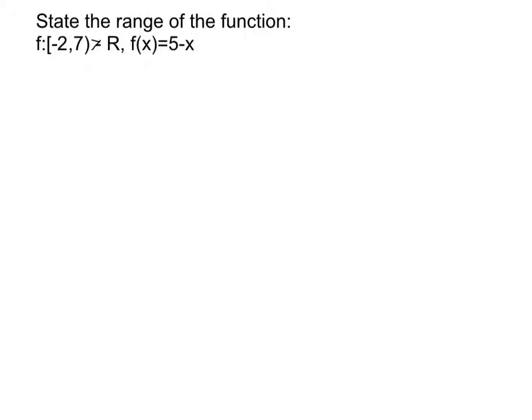Now, state the range of the function where we have a domain of negative 2 through to 7 maps onto any real number, where f of x is equal to 5 take away x. We're dealing with a linear expression here.